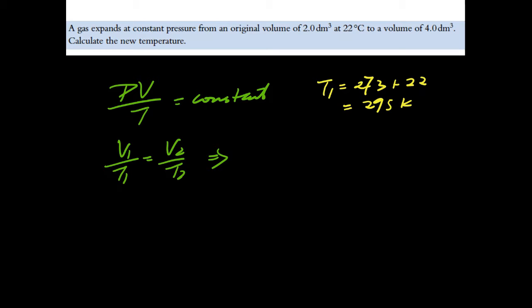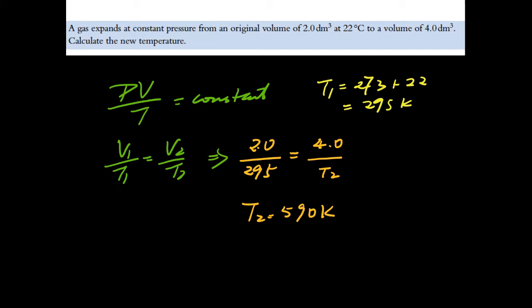So 2 over 295 equals 4 over T2, and T2 gives us 590 Kelvin. So in this question, note that we convert the original temperature into Kelvin.